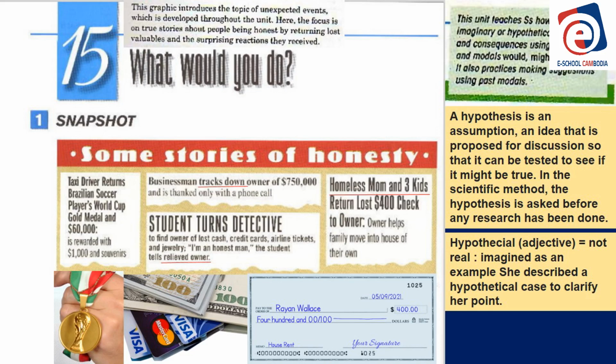Okay, and so some stories of honesty. So here are 4 true stories, apparently. These are headlines, like in a newspaper. Taxi driver returns Brazilian soccer player's World Cup gold medal and $60,000. He is rewarded with $1,000 in souvenirs.